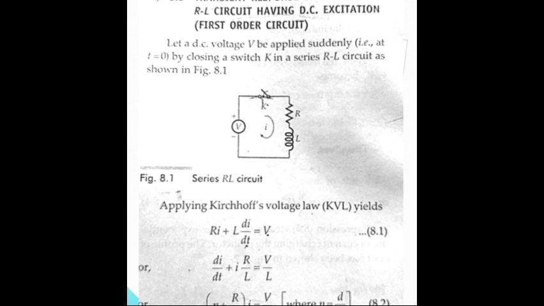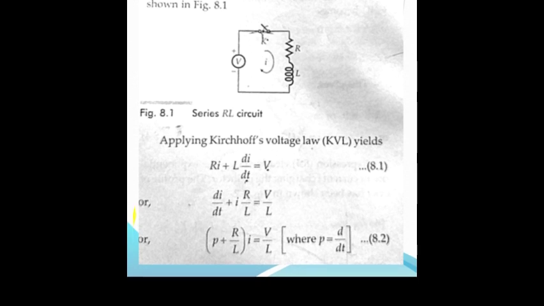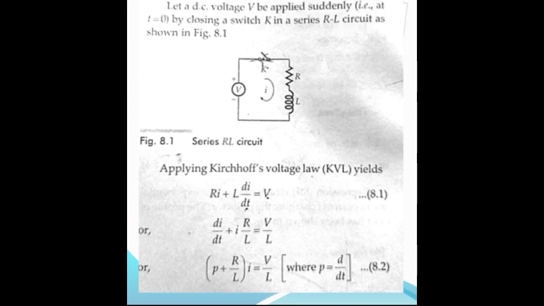So applying KVL, V is equal to iR plus L di upon dt. V is the voltage of the source, iR is the voltage across the resistance, L di upon dt is the voltage across the inductor. Now simplifying the equation, di upon dt plus iR upon L is equal to V upon L.